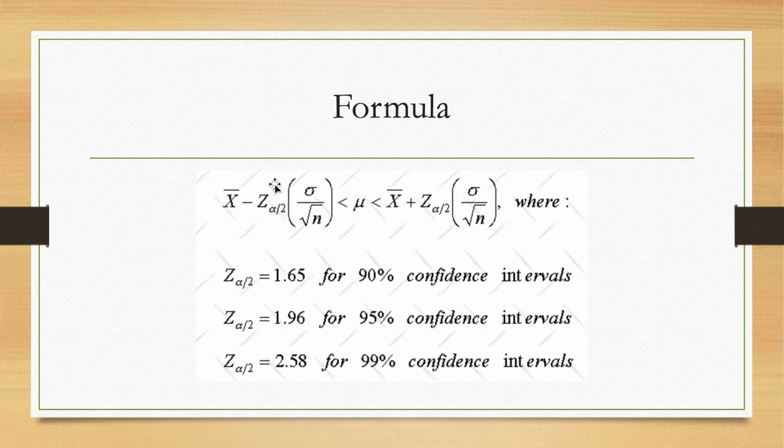Remember that we do have the option of replacing this z-score right here and right here with a t-value. And so you want to be sure that you are clear on when to use a z and when to do a t on these problems. It really comes down to your standard deviation.